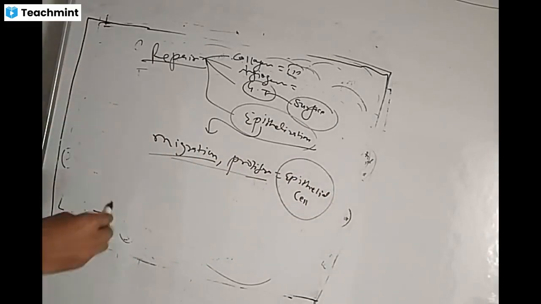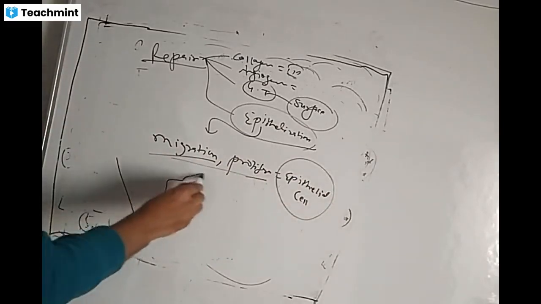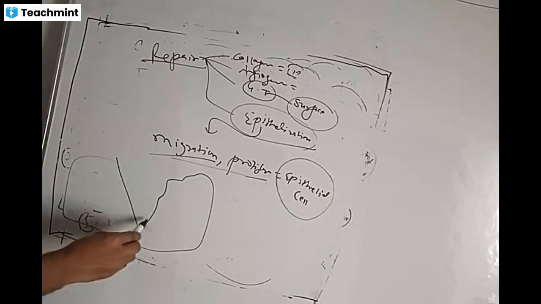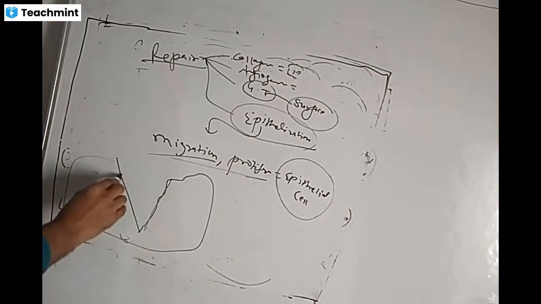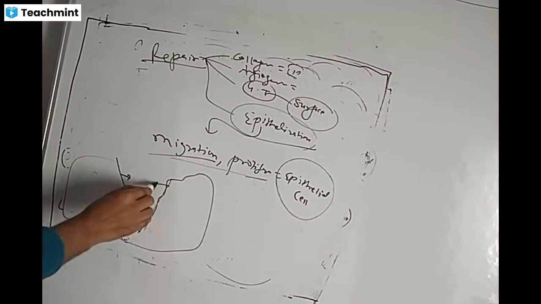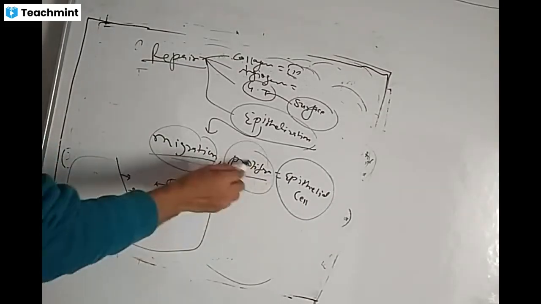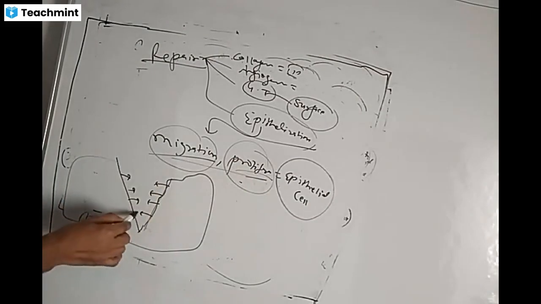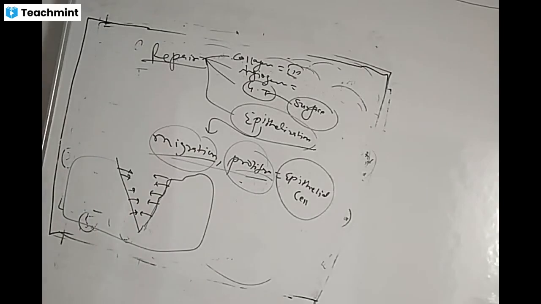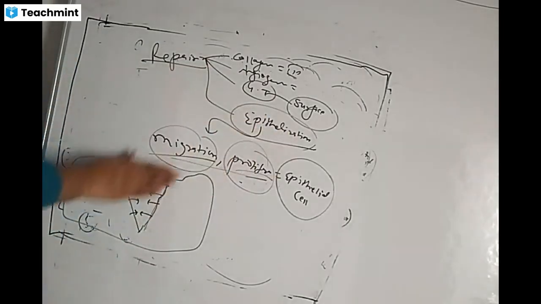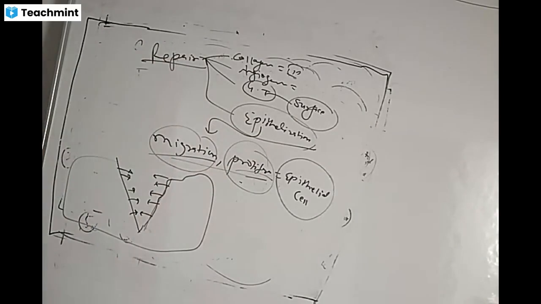From where will they migrate and proliferate? These are the wound edges. From the edges, they will start to proliferate and migrate. First they proliferate and then they start migrating towards each other, because the role of epithelialization is to restore the covering.